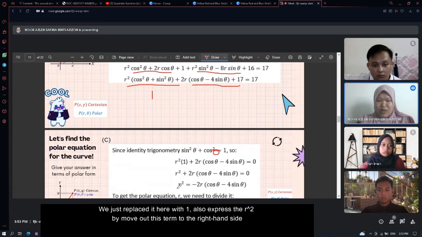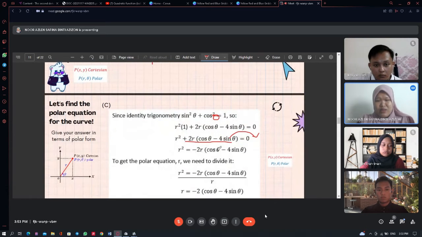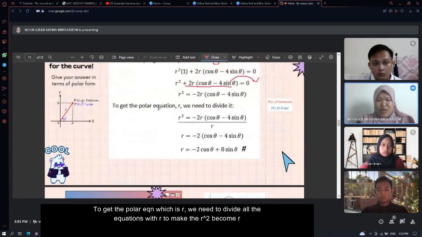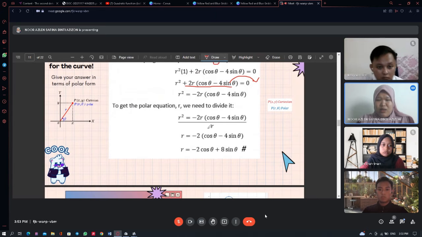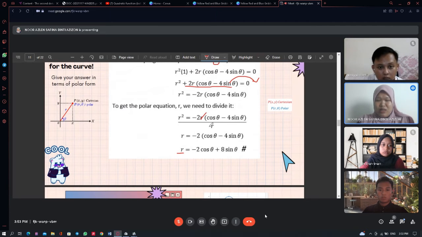So it turns out to be this, and then we move this term to the right hand side until we get r squared equal to negative 2r bracket cos theta minus 4 sin theta. To get the polar equation, which is r, we need to divide the whole equation by r, so r squared becomes r, and we cancel out r here.